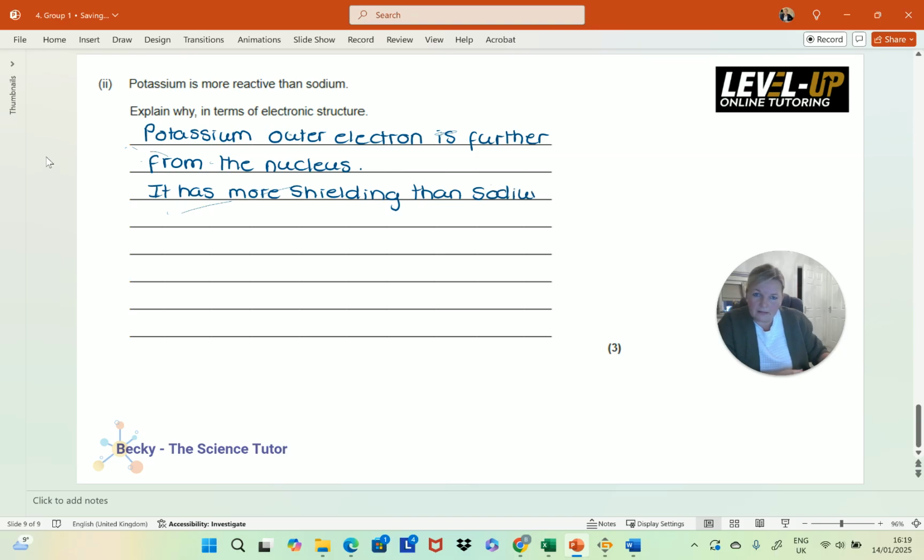Okay, and then I'm going to say, so it is easier to lose the outer electron. There we go, piece of cake.